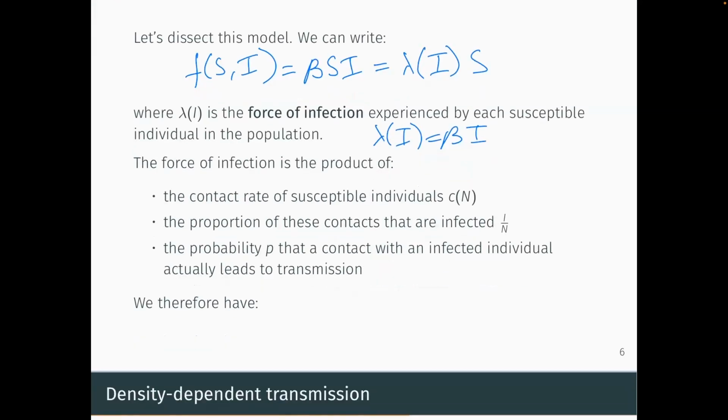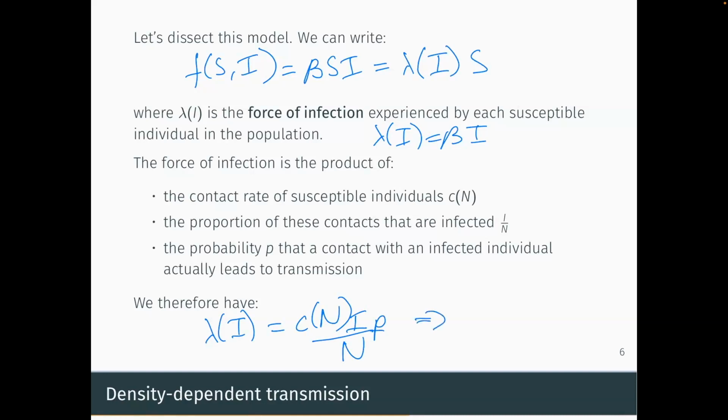So we can therefore write this force of infection as the product of these things. We have our contact rate, C of N. We have, I'll write this I over N here, our proportion of contacts that are infected, and then P is our probability that a contact is actually able to transmit.